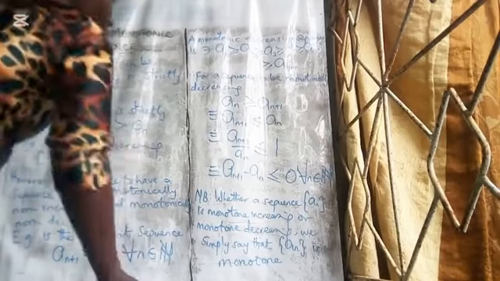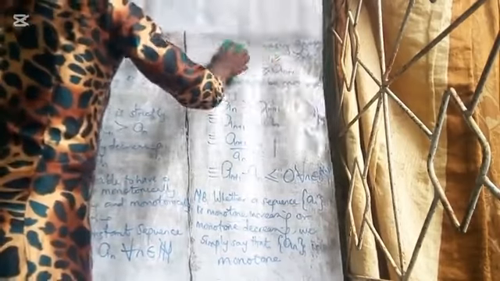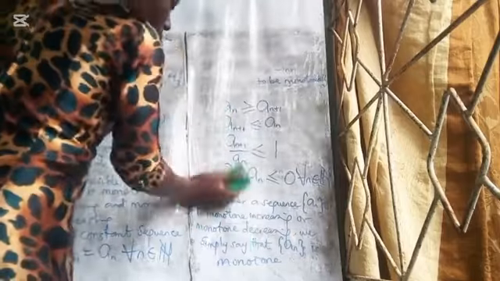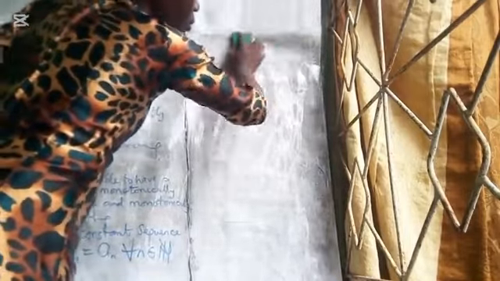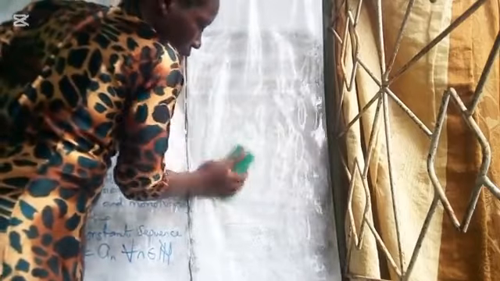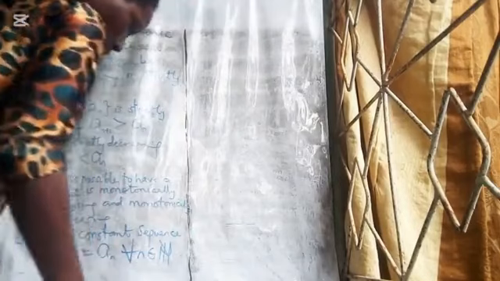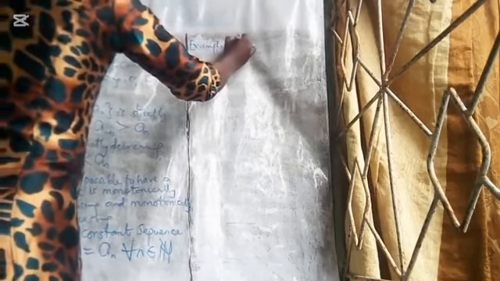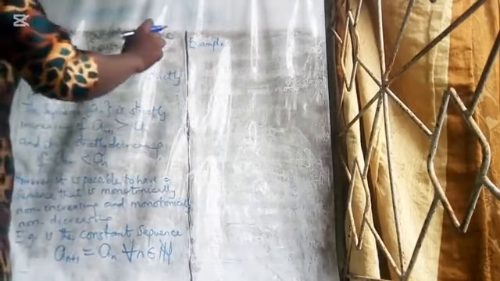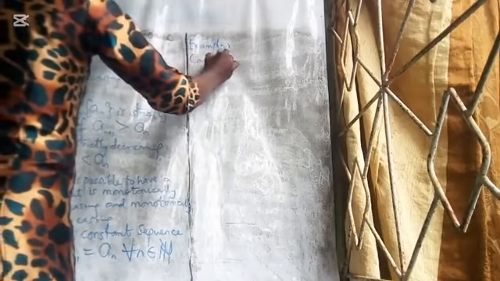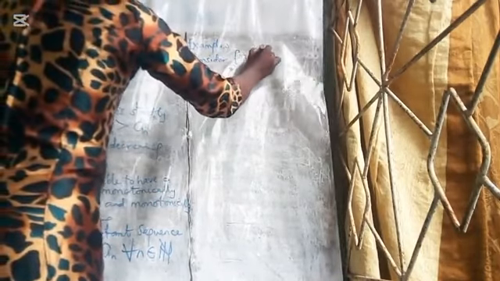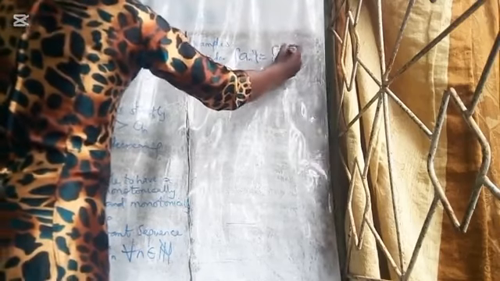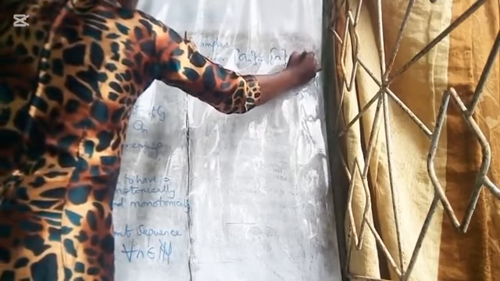Now we'll take examples. Consider the sequence a sub n defined as n, as n moves from 1 to infinity.